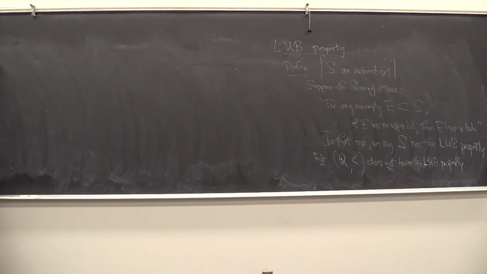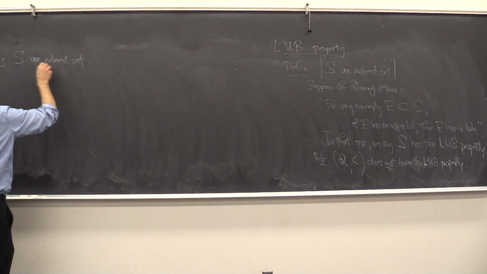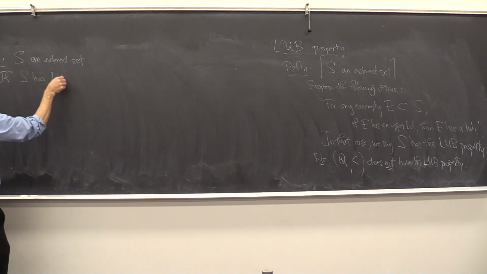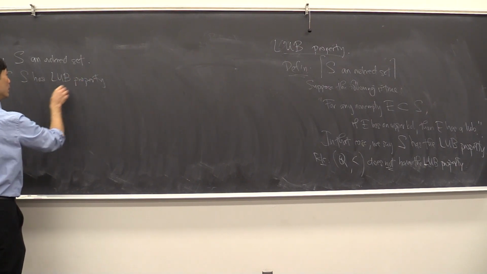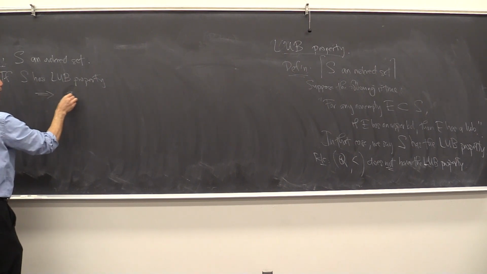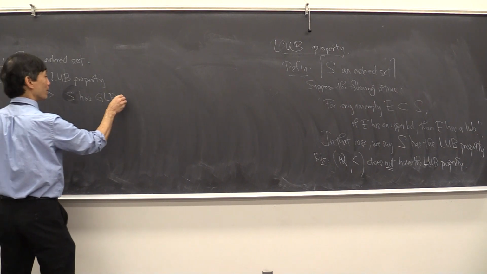So here's our first theorem. You have S, an ordered set. The theorem is this: if S has the least upper bound property, then S has the greatest lower bound property.